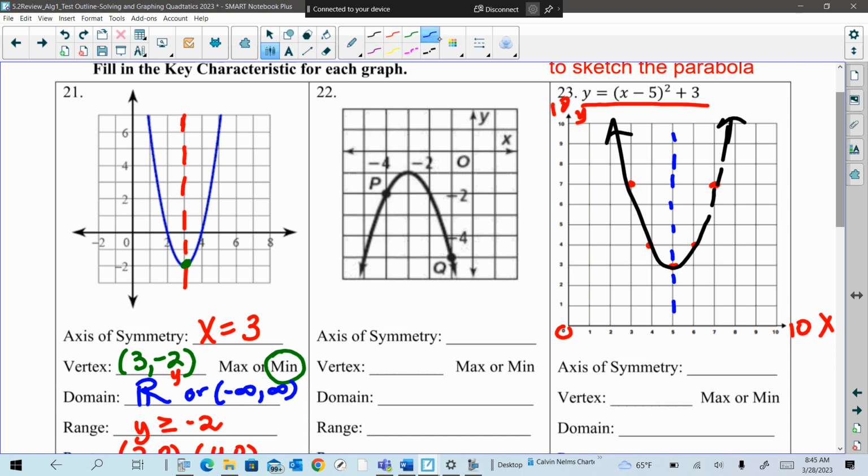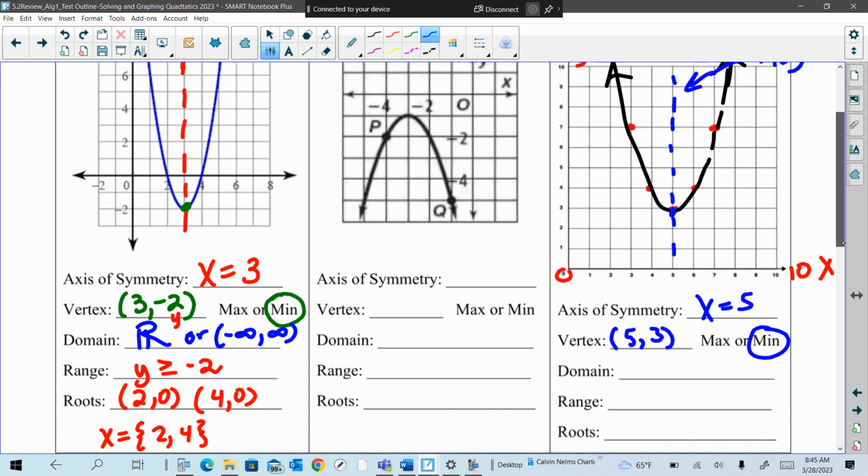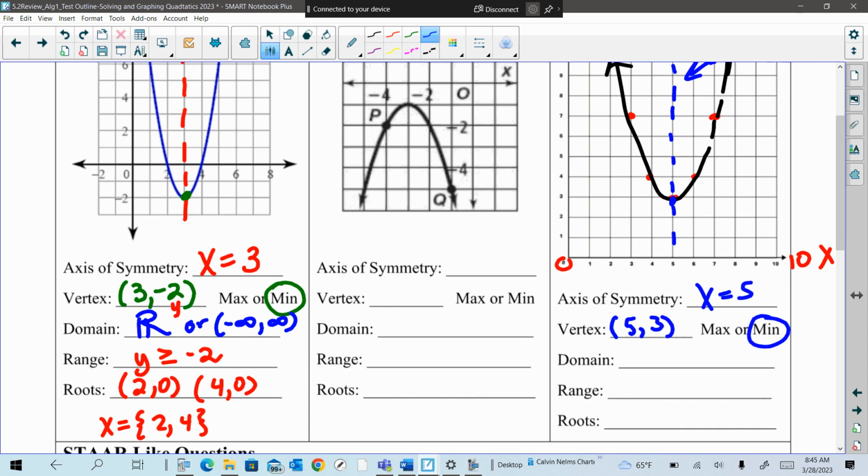So this dotted line that I put here, that's representing my axis of symmetry. So X equals 5. I can physically see the vertex. That was at 5, 3. It has a minimum. The domain is always all real numbers. Our range here, because it's a minimum and it's opening up, up is greater than or equal to.